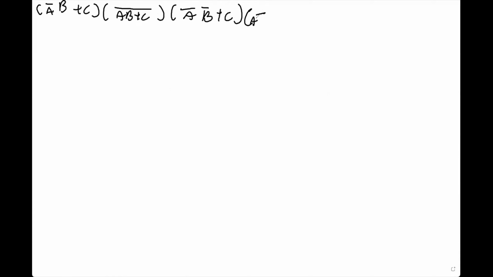So the original equation is C times... if you look at these, you'll probably see something in common.